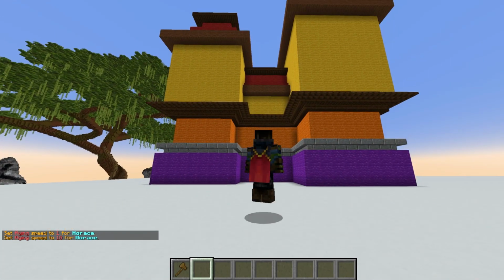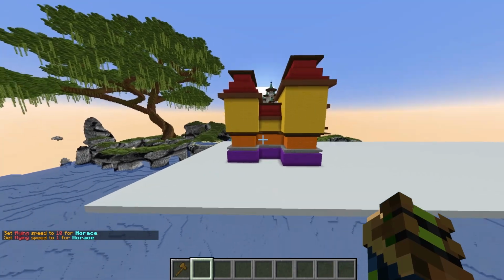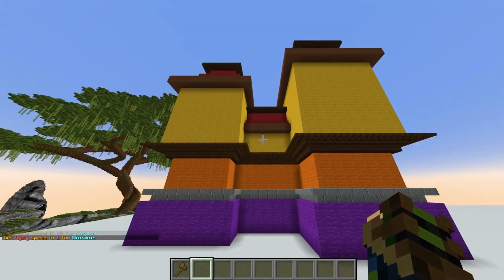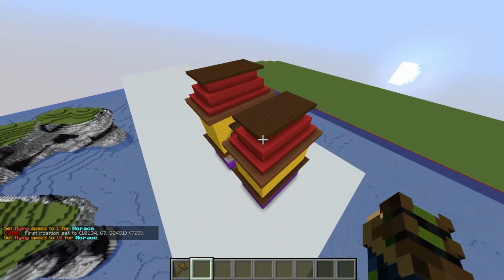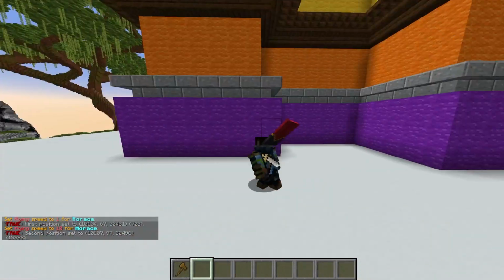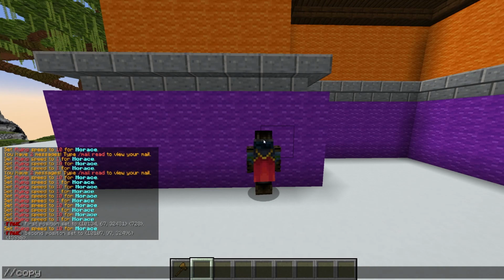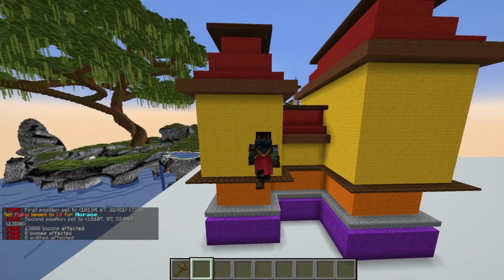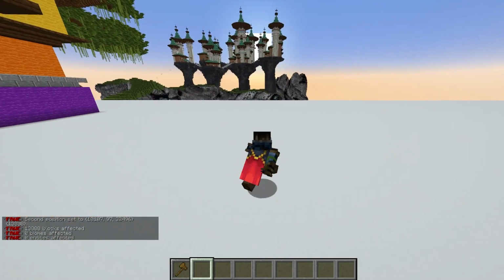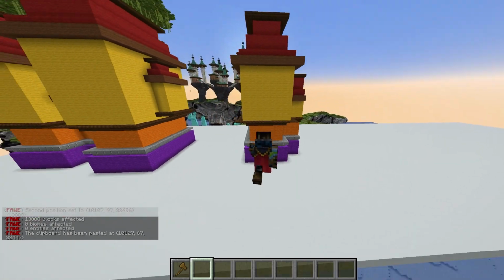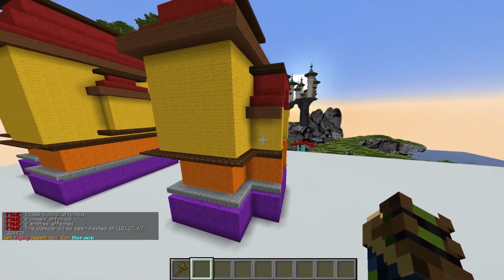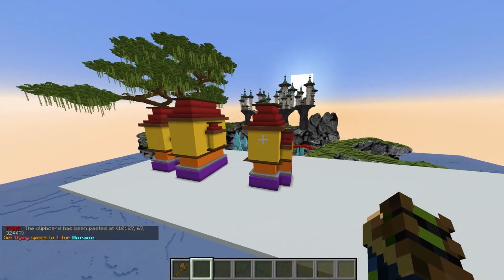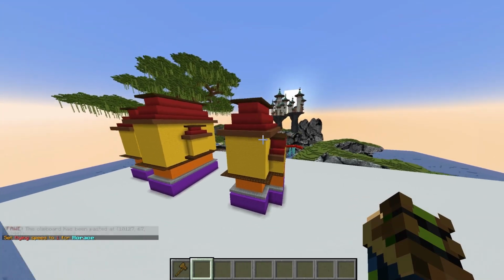Okay, so the first house is always the hardest because it's the one that you have to do completely fully done. So let's see what this house looks like by taking a part of it, copying it, and then moving it over a little bit, taking it over here, and we're going to just make a new house out of it, essentially, which is what I do to make myself have an easier life with houses.